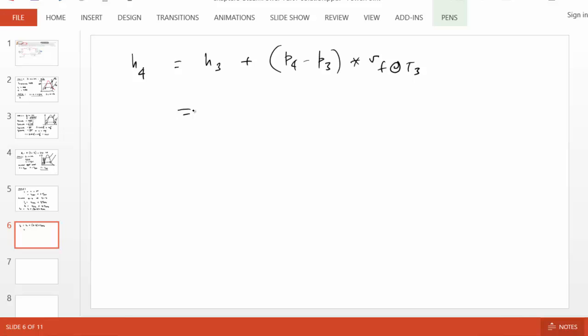We already calculated H3 to be 417.5, and P4 is 4 MPa, which is 4000 kPa, minus 100, times VF at T3.